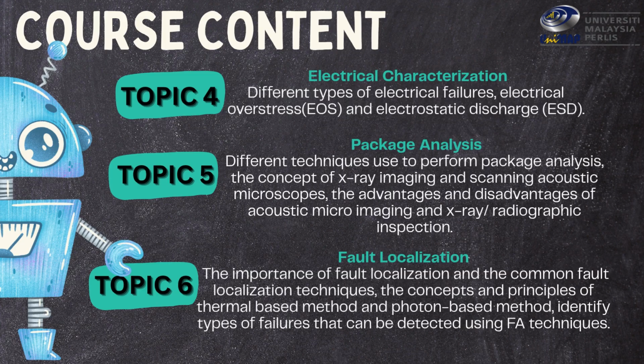The next topic is fault localization. You will learn about the importance of fault localization and the common fault localization techniques in failure analysis, the concept and principle of the thermal-based method and the photon-based method, and identify the types of failure that can be detected using the FA technique.